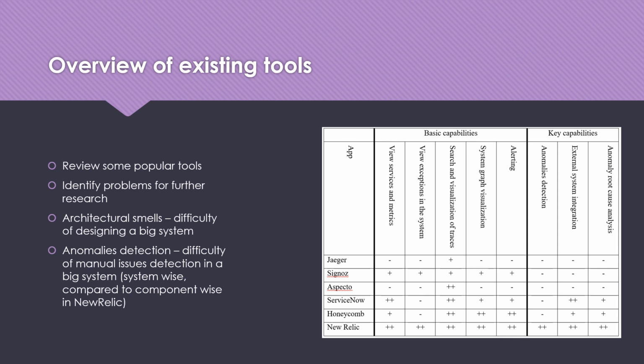Since the entire system consists of groups of components that are developed by different teams, it is very difficult to analyze the entire system. So subtle problems, also called architectural smells, can creep into the structure and increase the development efforts.